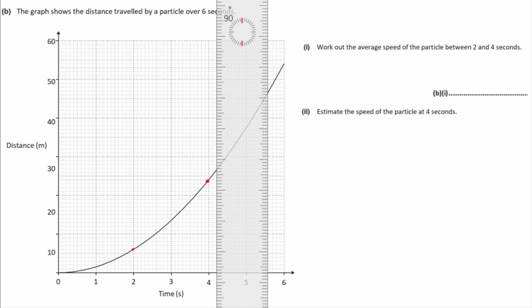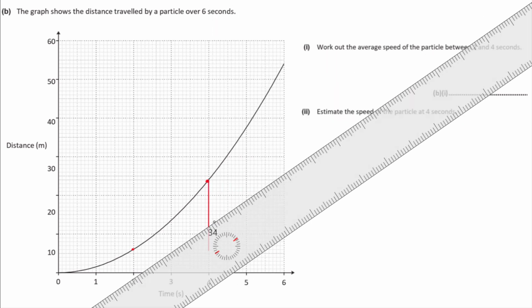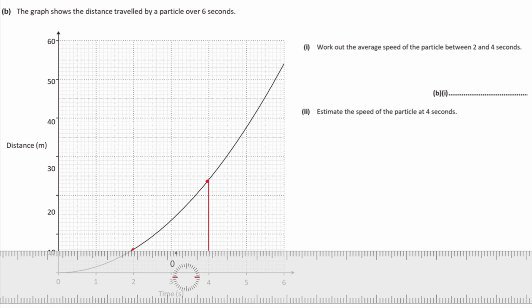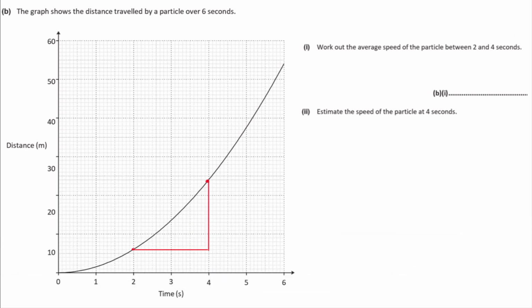The distance travelled is this, and the time taken is this. The distance travelled is the difference between whatever that value is up there.